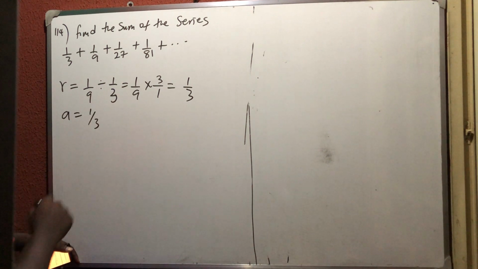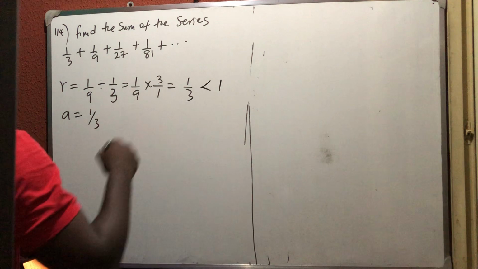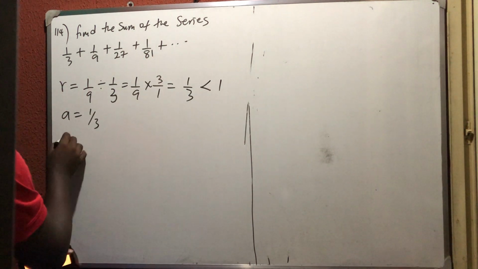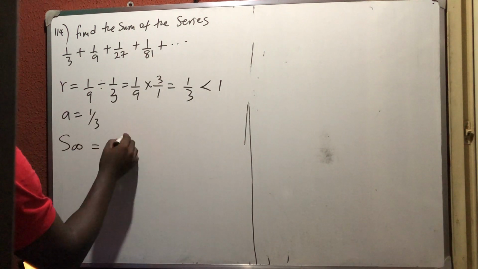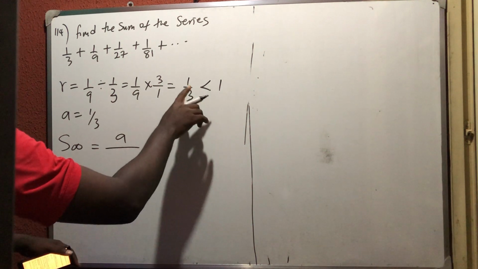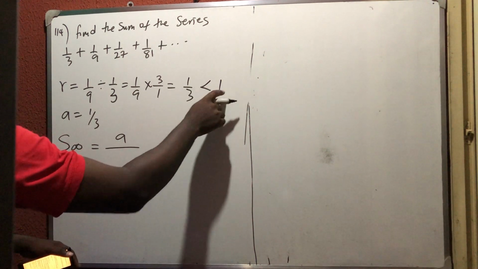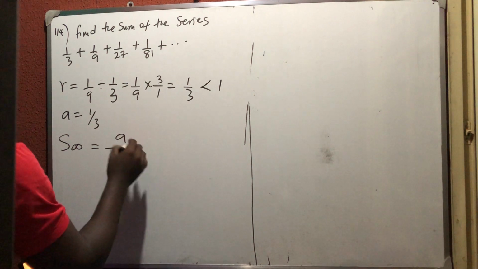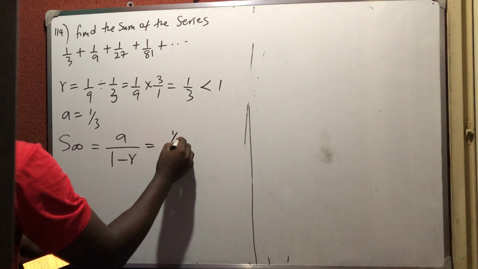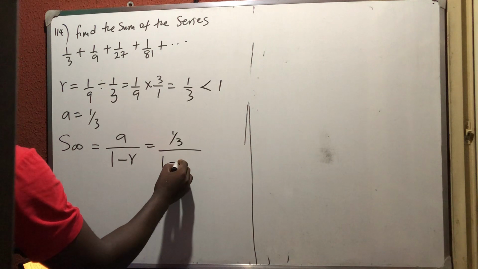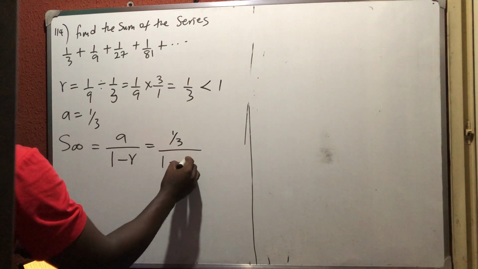So this r now is less than 1, and this thing goes to infinity. So sum to infinity is equal to what? A over, since r is less than 1, which means 1 is greater than r, so I'm starting with 1. It will be 1 minus r. So my answer is what? 1/3 all over 1 minus, my r is 1/3 again.